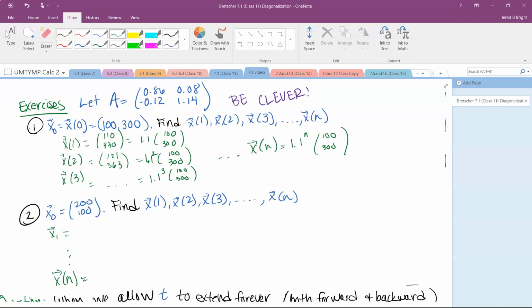Similarly, if you do exercise number 2 with a different state vector, x1 ends up being 180 and then 90, which, in terms of the initial state vector, we can say is 0.9 times it. Then sure enough, if you do x2, x3, up to xn, it is just going to be 0.9 to the n times 200, 100.